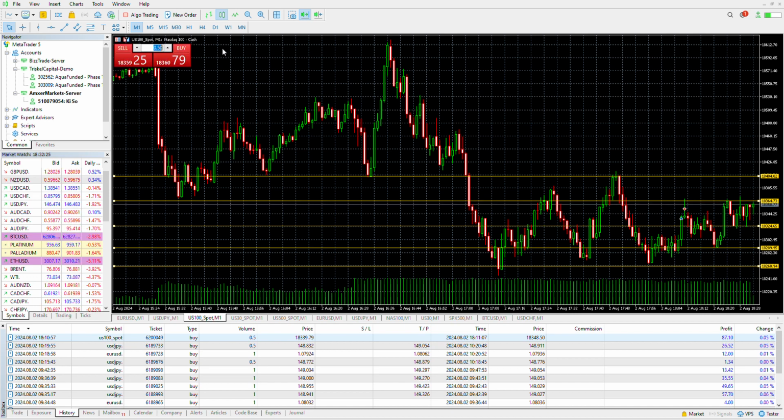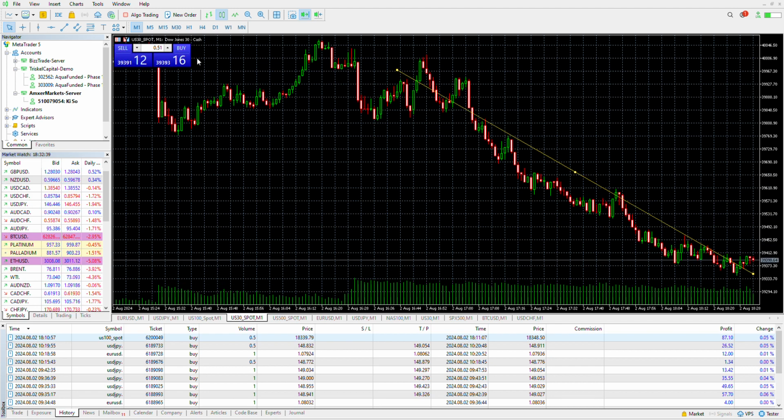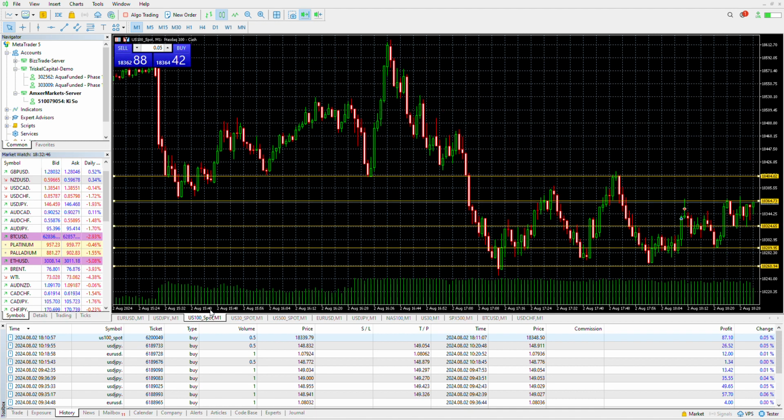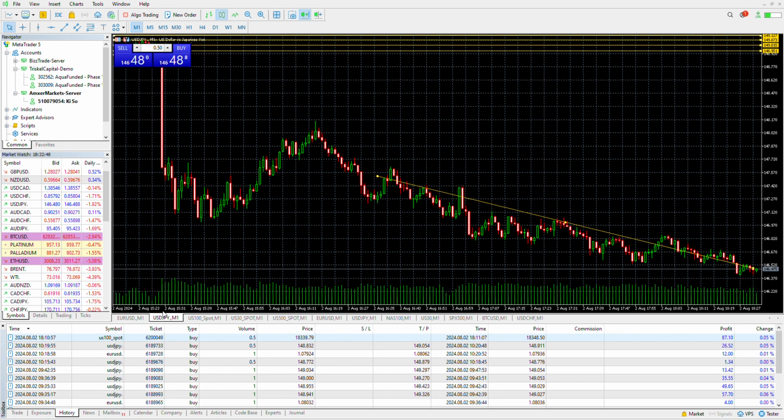So, I'm going to see if I can reduce the size and take this once I see it. That would be small right there. That wouldn't make much.